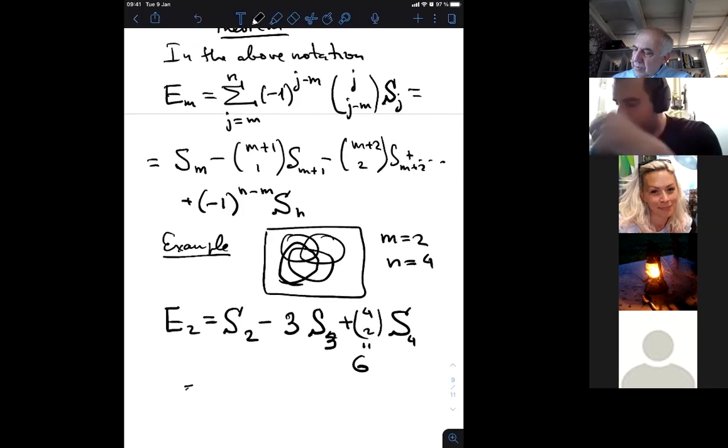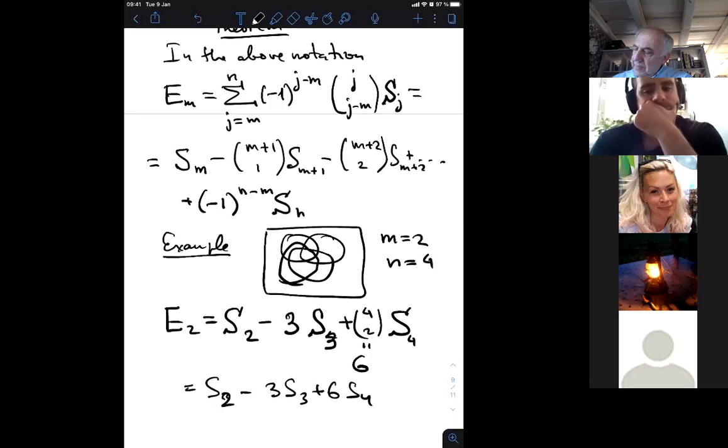So S2 minus 3S3 plus 6S4. Very nice formula.